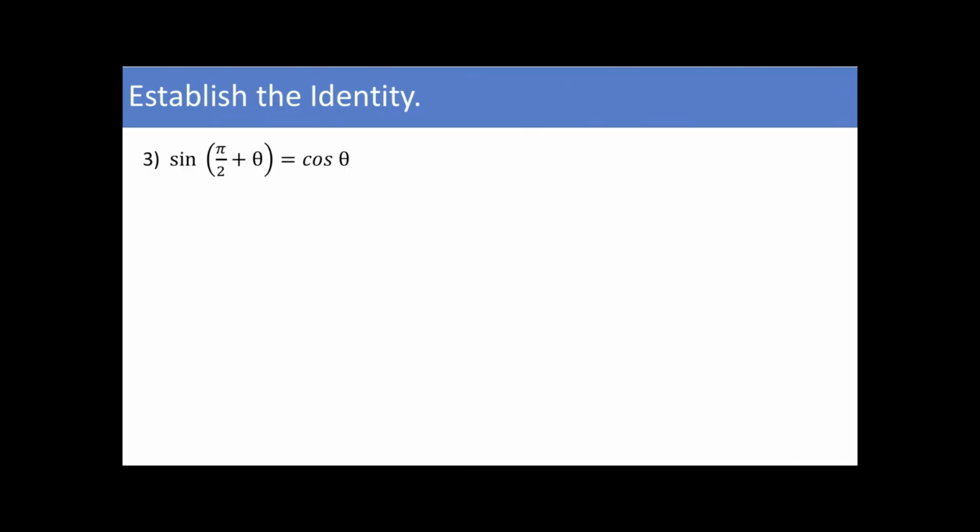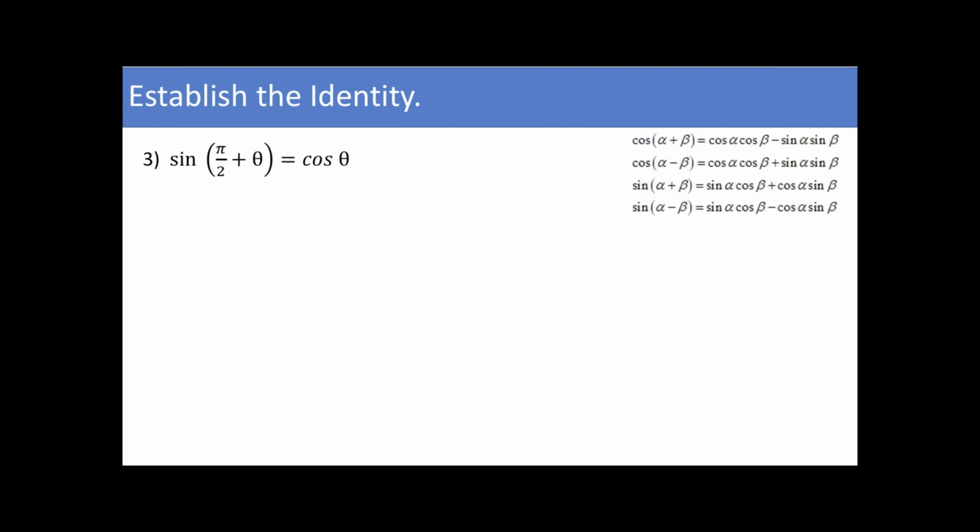All right. Establish the identity, a proof. This proof is a little bit different in that they actually give you a number here. It's pi over 2, which is 90. And if you can see, this is actually a sum, so we can use our sum and difference formulas.